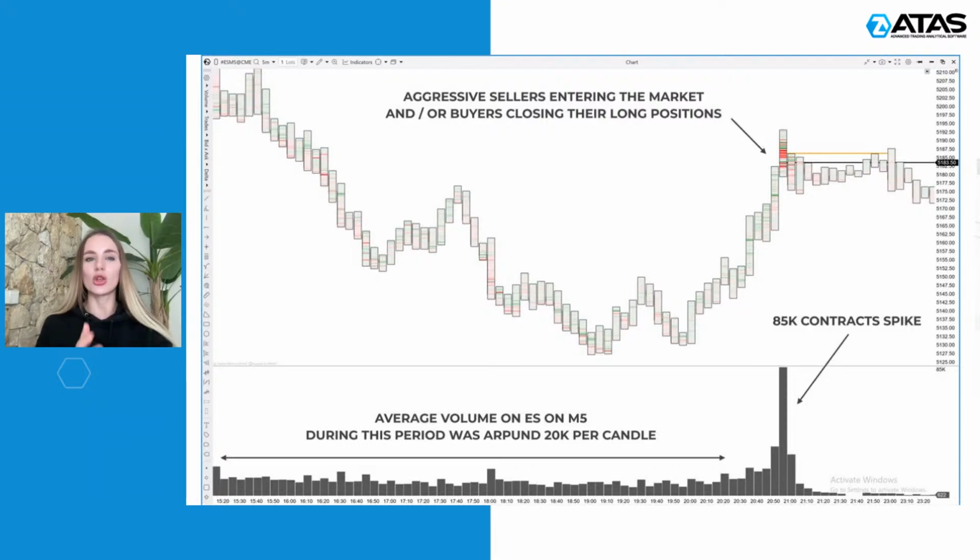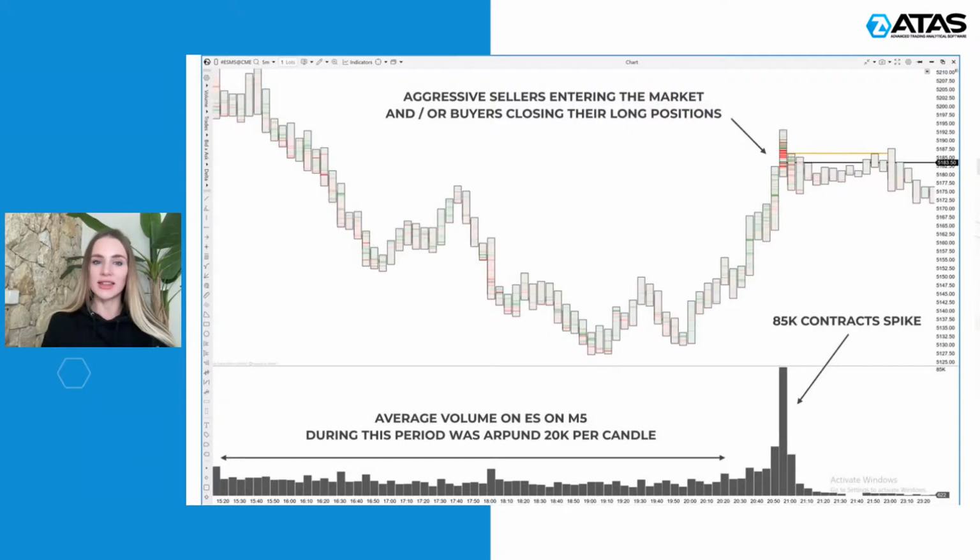So let's say that the chart in front of you is a mini S&P 500 on 5 minutes. Suddenly, out of nowhere, you see an 85,000 contract spike.